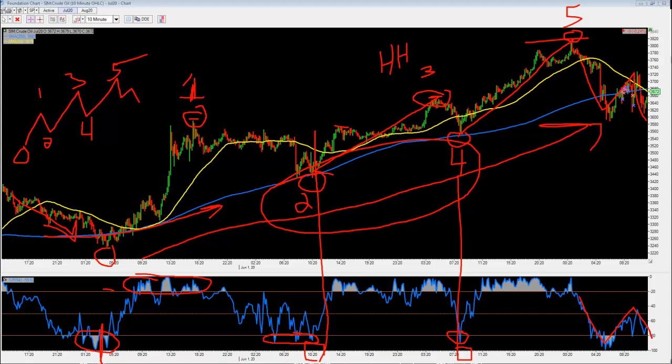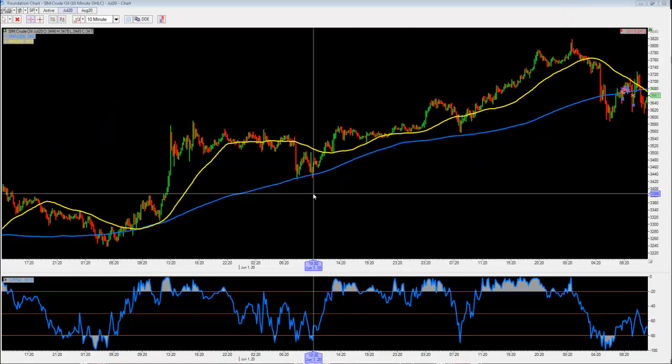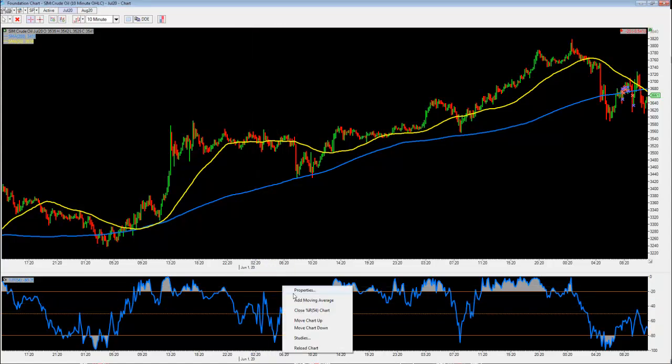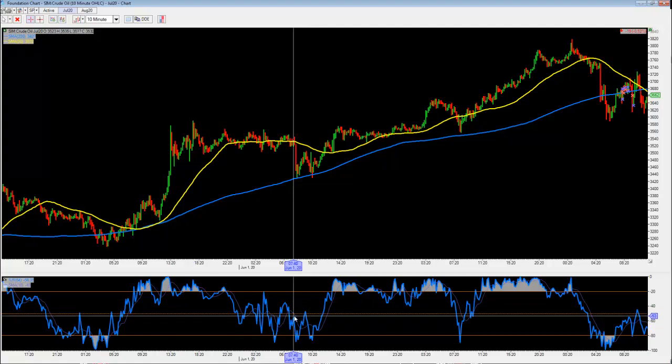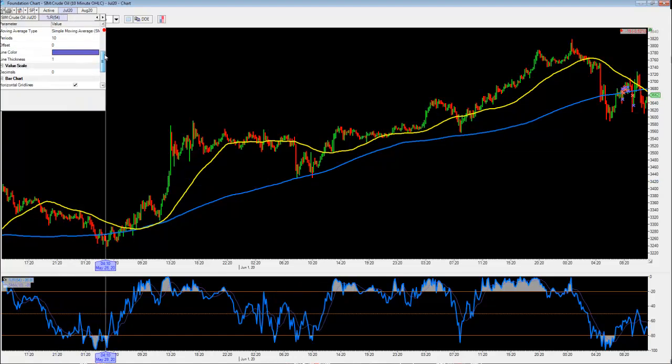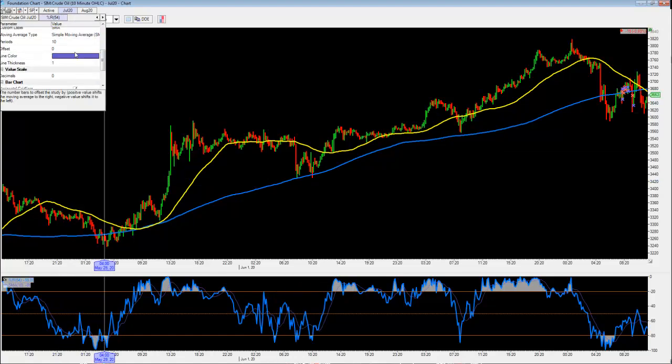So let's get rid of all this right now. What we want to do is add a simple moving average onto the charts. We want to grab that property, go find it, which is right there.